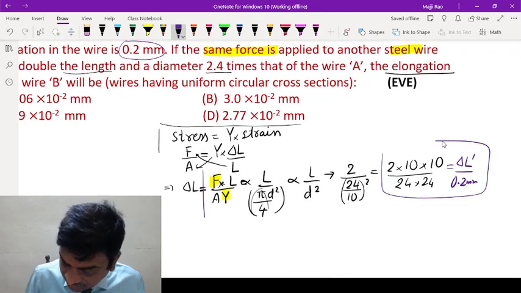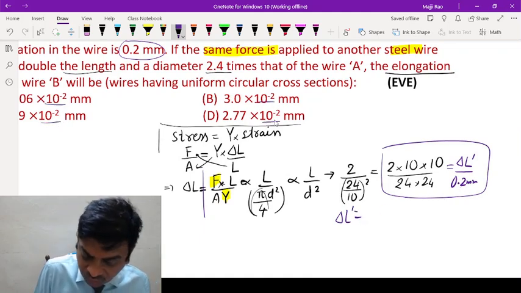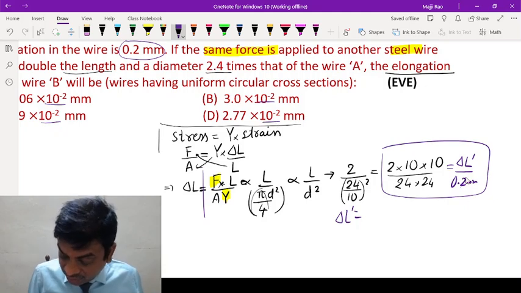So from here we can find delta L dash. So delta L dash will be, now since answers are in terms of 10 power minus 2, let us multiply and divide by 100. So this will become 20 into 10 power minus 2 mm.